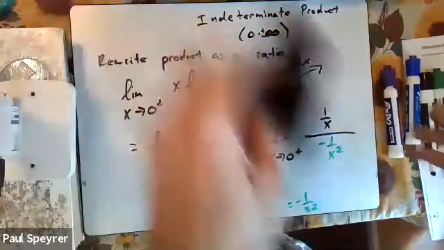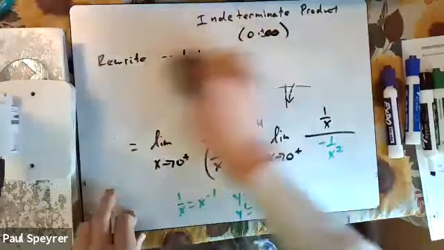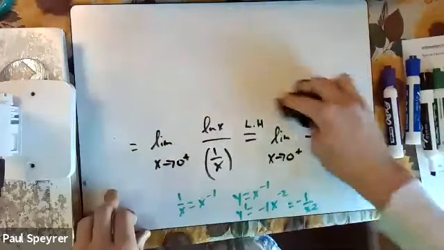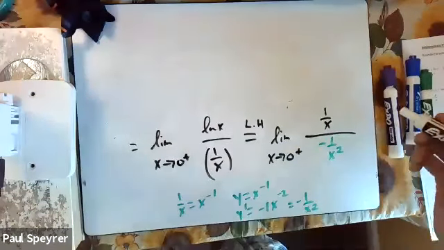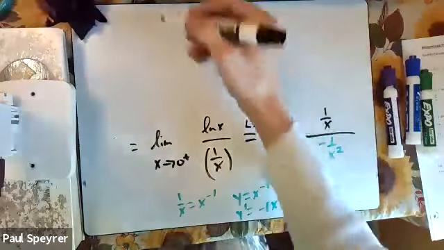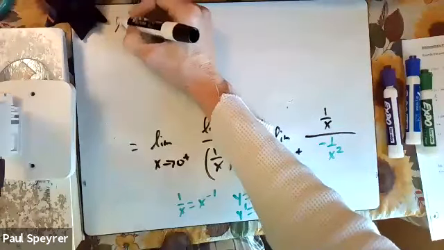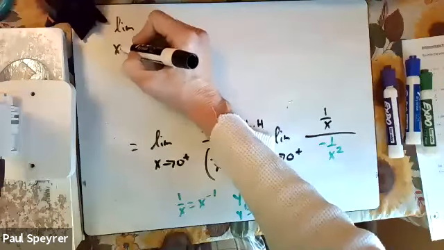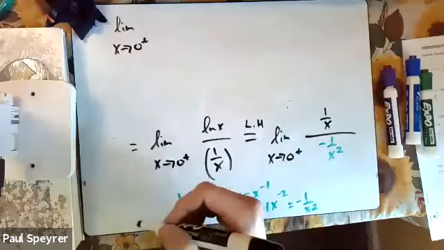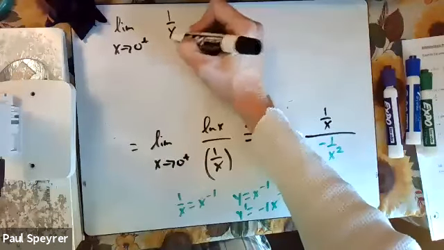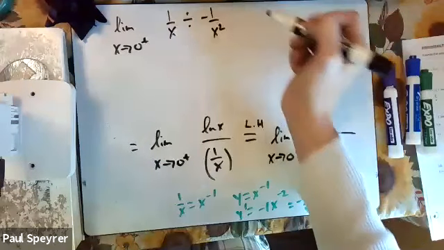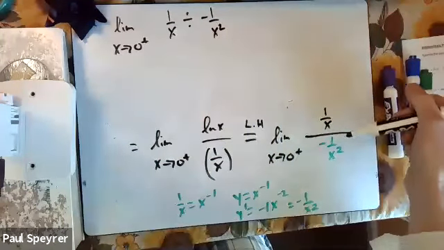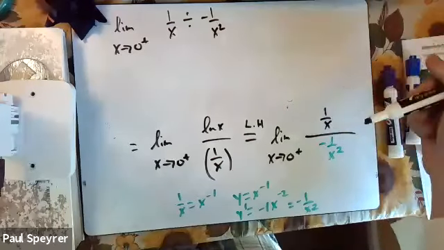So where do we go from here? Well, let's simplify this expression. This is like saying the limit as x approaches 0 from the right of 1 over x divided by negative 1 over x squared. Remember, this is a complex fraction, which just means fraction over fraction.